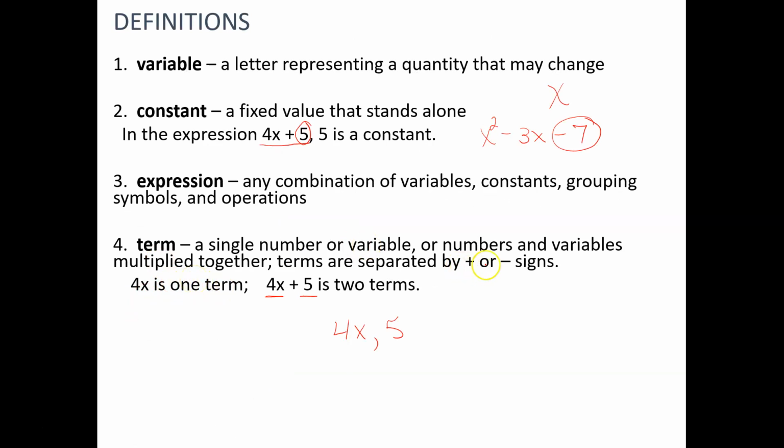To be more than one, you have to have plus or minus signs. So I could multiply A times B times C times D, and that is still just one term, since they're all multiplied without any addition or subtraction between them. If I wrote it as A plus B plus C plus D, now that would be 4 terms.